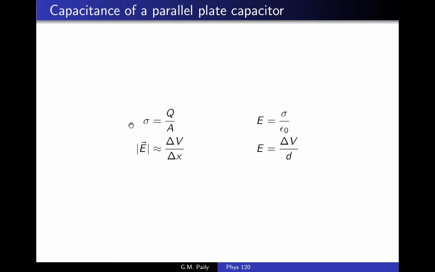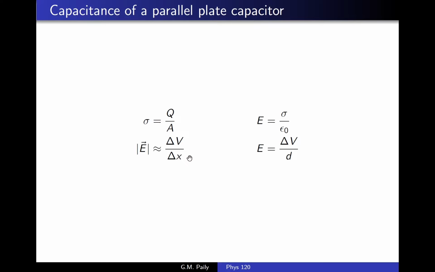We know that the electric field between the two plates is going to be of magnitude sigma over epsilon naught. If it was just one plate, it would be sigma over 2 epsilon naught. But both the positive and negative charges contribute to a field in the same direction when you're between the plates. And so we have sigma over epsilon naught is the strength of the field between the plates.